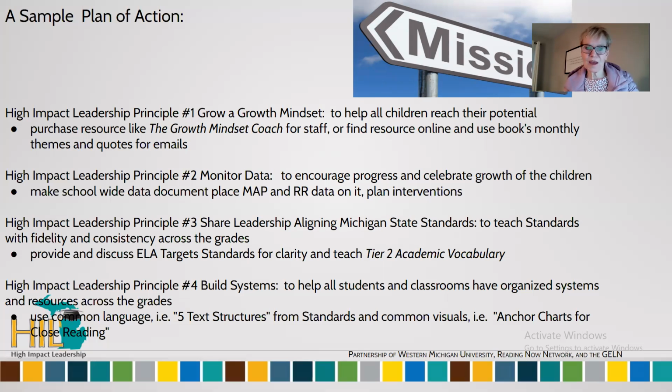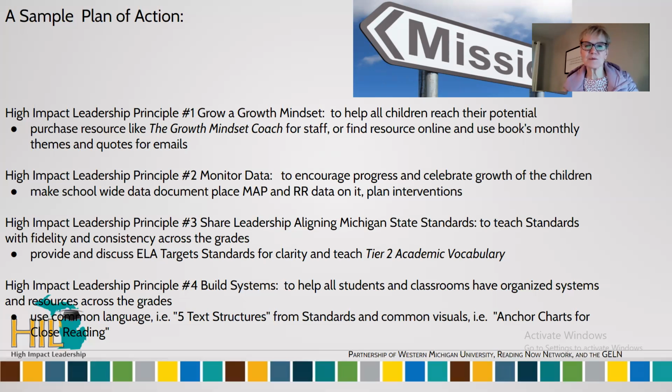Secondly, perhaps we're going to have someone make that data document available on a Google Doc and put in columns. And then we will add our data to that and plan for when that can be accomplished. Thirdly, a sample plan of action for the third principle would be that we think about those target standards and make sure that every teacher has them, and that we also provide them the Tier 2 academic vocabulary words.